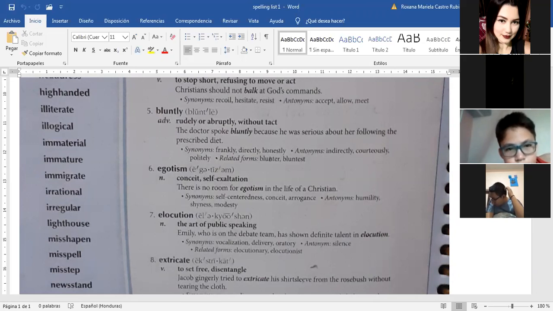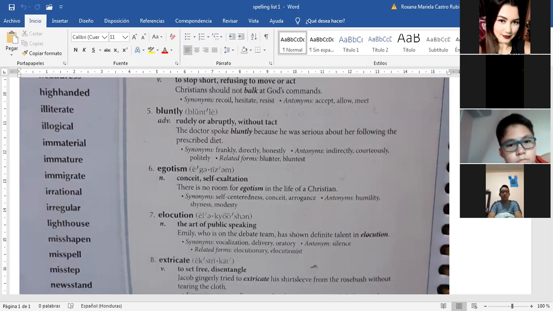The chairman soon persuaded the audience to accept his committee's proposal. Imagine the chairman is the president and he was speaking, and because of his good speech, persuaded the audience to accept his proposal. So, with mastery of what?